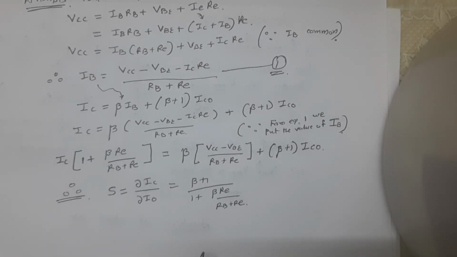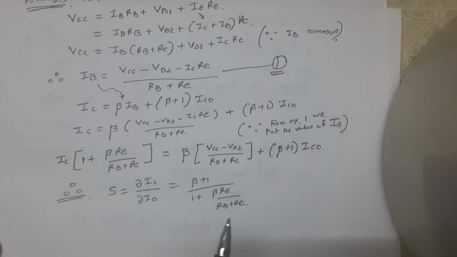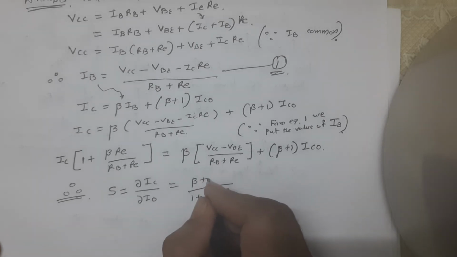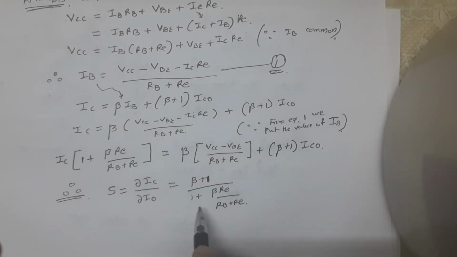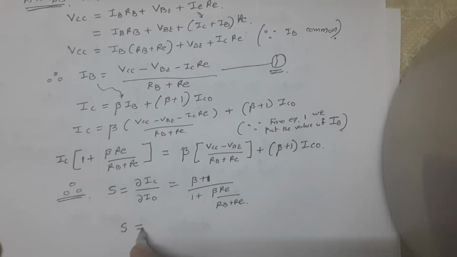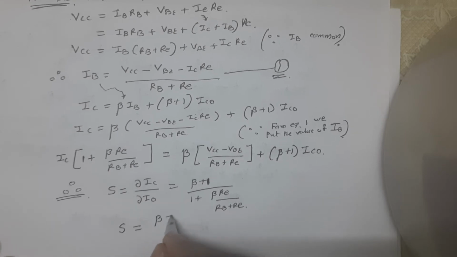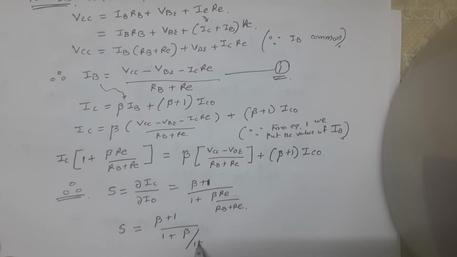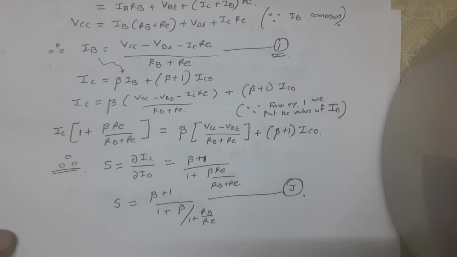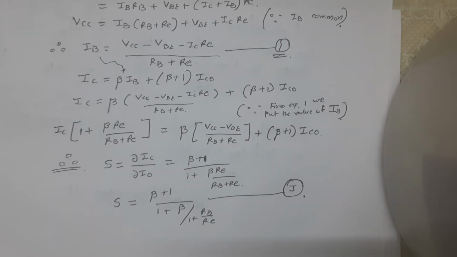So differentiating the above equation, we get del IC upon del ICO equal to (beta plus 1) times 1 upon (1 plus beta RE upon (RB plus RE)), and therefore the final equation is S is equal to (beta plus 1) upon (1 plus beta upon (1 plus RB upon RE)). This is our final equation.